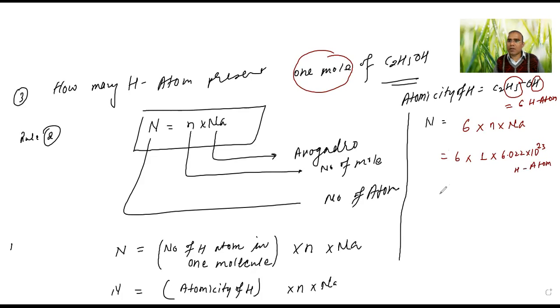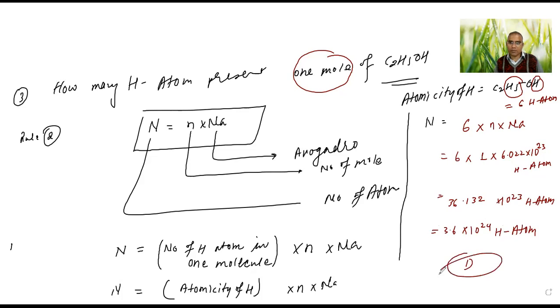Multiplying, 6 times 6.022 gives 36.132 into 10 power 23 H atoms. You can move the decimal this side, so it is 3.6 into 10 power 24 H atoms. So option D is correct.